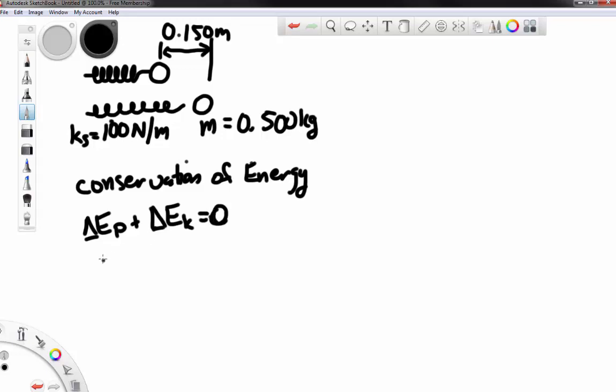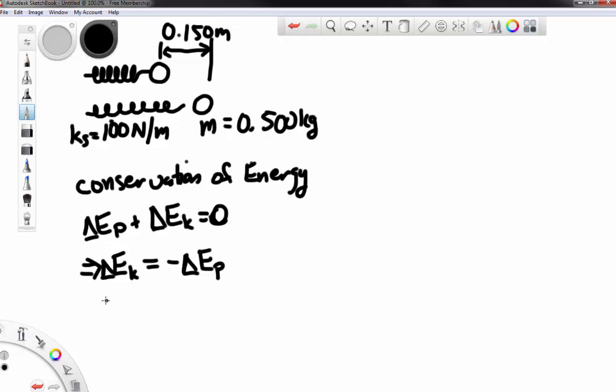Again, there's no work being done by friction, no outside forces to the system, etc. So again, what this means is that the change in kinetic energy must be equaled by the change in potential energy, but such that if this gains, then this loses, and vice versa, hence the negative sign.